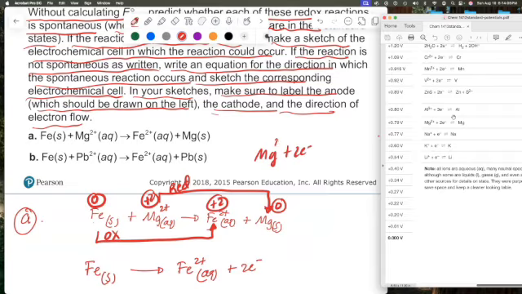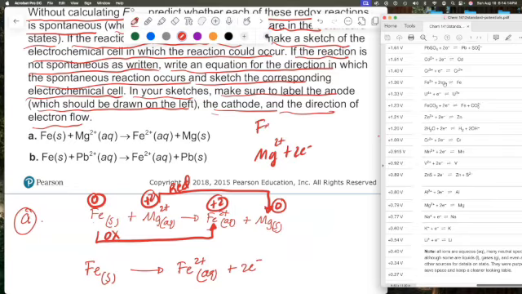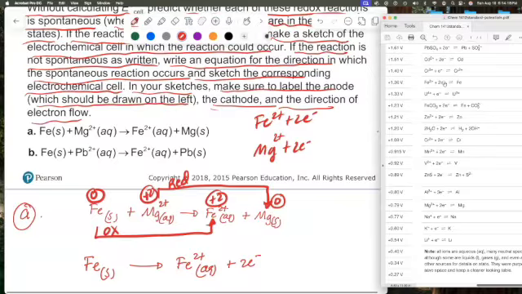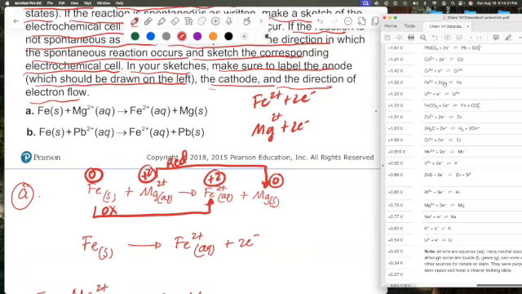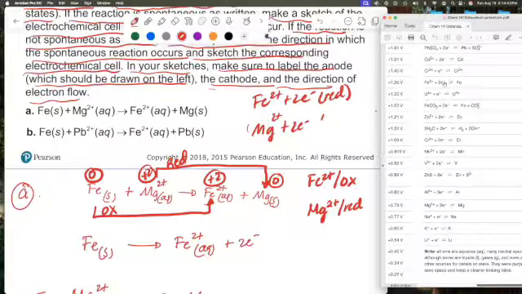And then when I scroll up, what am I looking for? Iron. There's iron. Iron 2 plus 2 electrons. So for iron, the given role is oxidation, and for magnesium, the given role is reduction. But according to the table, the one that's further up prefers reduction, and the one that's further down prefers oxidation.